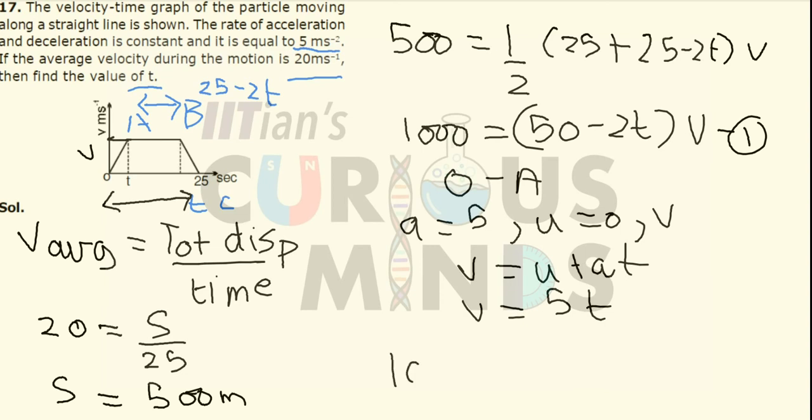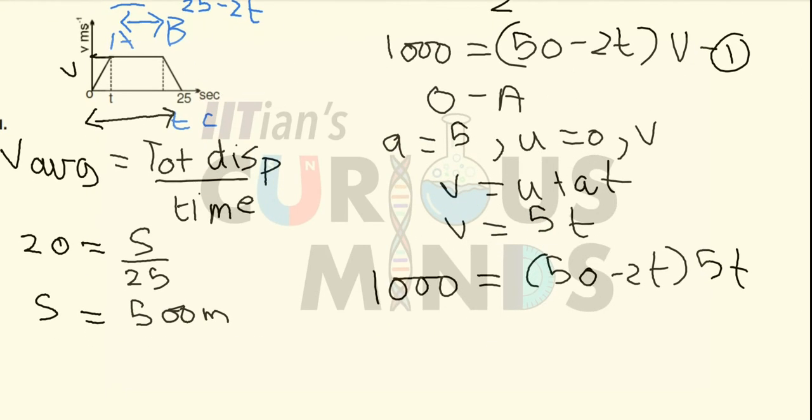So 1000 will be equal to (50 minus 2t) into 5t. If I divide the whole equation by 5, it will be equal to 200 is equal to 50t minus 2t square.